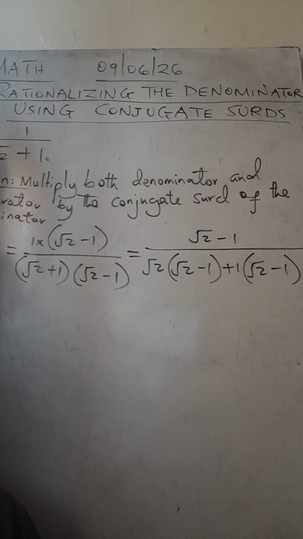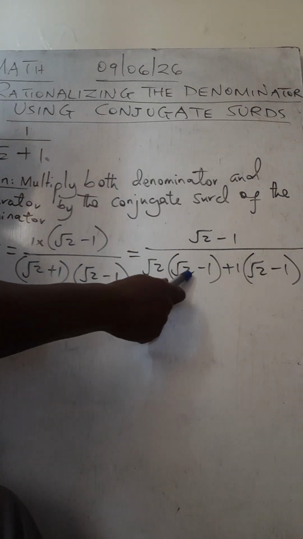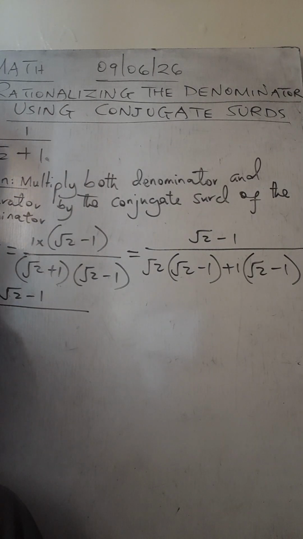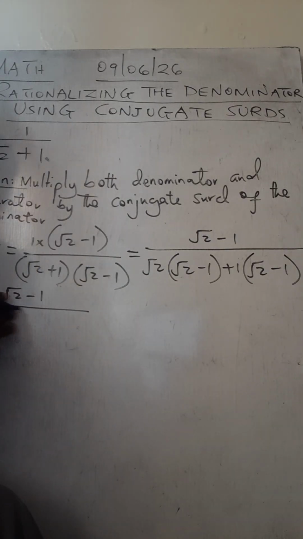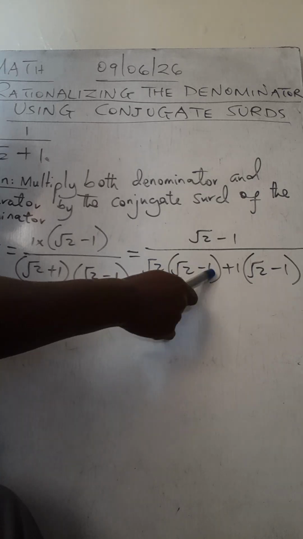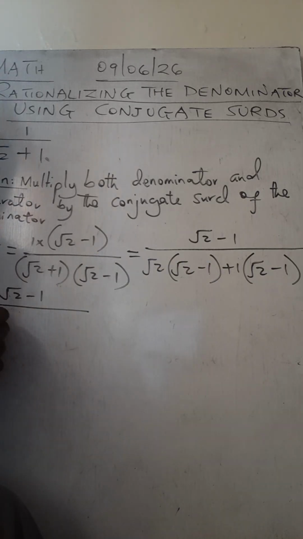That's how we expand brackets. So we are going to have root 2 minus 1 over this times this. It is 2 times 2 under the root, and that one gives 4. This times this is negative root 2.